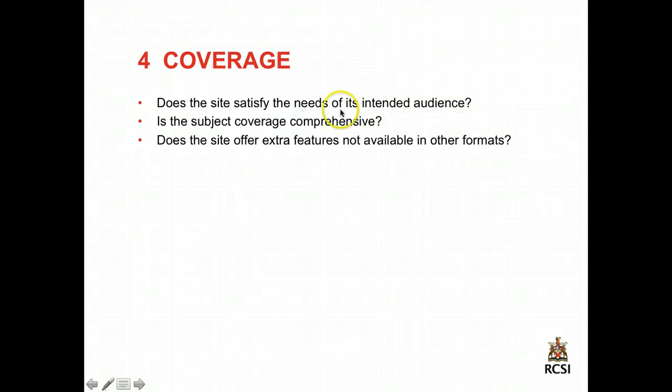And if it is talking about a particular condition, like osteoporosis, is there information about medication? Is there information about possible surgeries, say a hip replacement? Is there information about diet? Is there information about support, physiotherapy, whatever it is? A site would need to have all of those things to be fully comprehensive and to give full coverage.